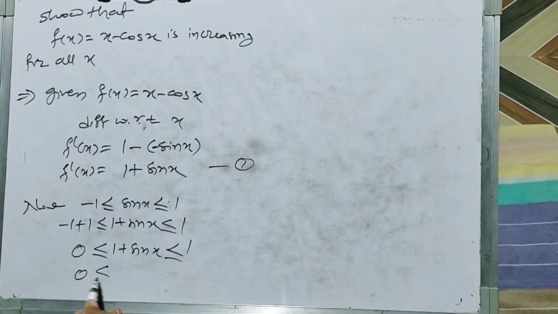So this value is nothing but 0 is less than or equal to f dash of x is less than or equal to 2.